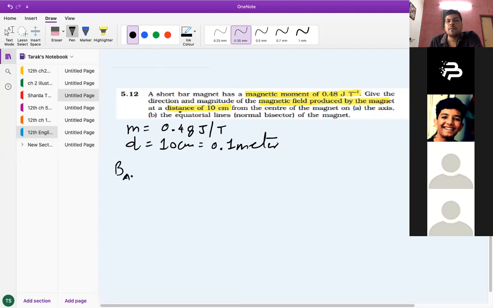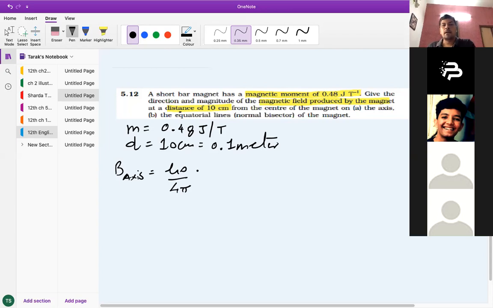Our value of B of axis is equal to mu 0 divided by 4 pi multiplied by 2m by d cube, and B of equatorial line is equal to mu 0 divided by 4 pi times m divided by d cube. Let's find the first one.